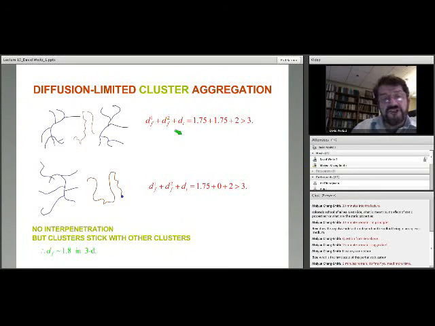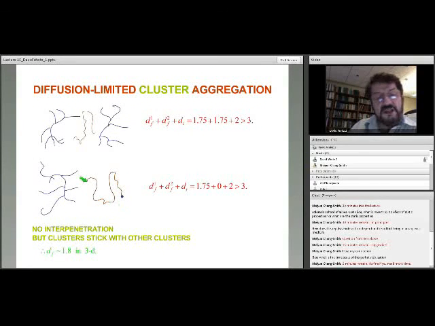It interacts with the cluster that's formed by these cluster aggregation pictures. That has a fractal dimension of 1.75. But since there's diffusive motion, the trajectory dimension is now 2.